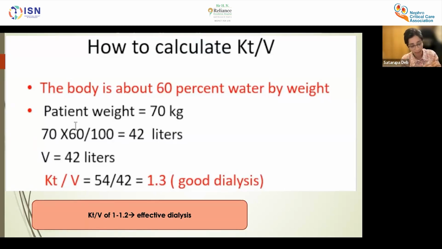Because the edema fluid adds to the total body water in its entirety, meaning that 3 kgs of edema is just water. Our entire body is not water, only 60% is total body water, but the 3 kgs of edema fluid is entirely water. So that will be 60% of 70 kgs, which is 42, plus an additional 3, which becomes 45 liters. So that's another practical tip that I wanted to discuss.